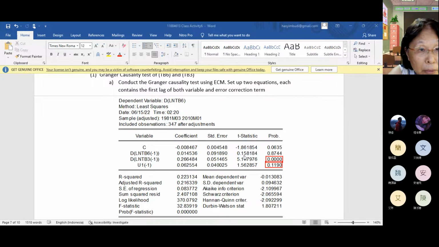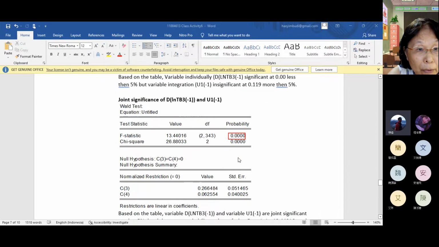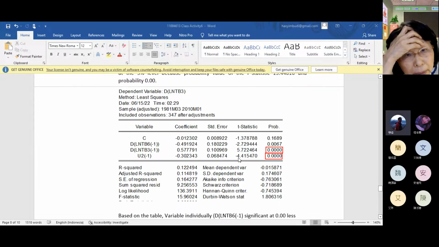For the Granger causality test, how many outputs do you have? Pardon? Is this the only output you have? No, oh, two. Let me see the second output. The second output is TB3. Oh, okay. Here.